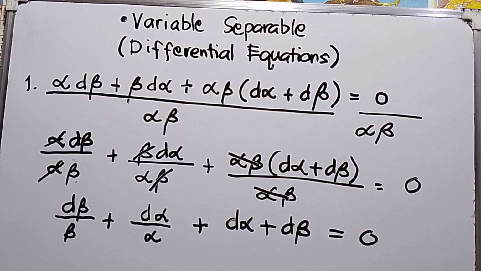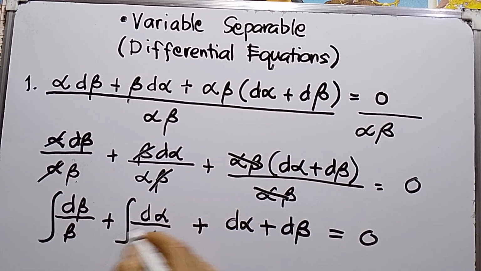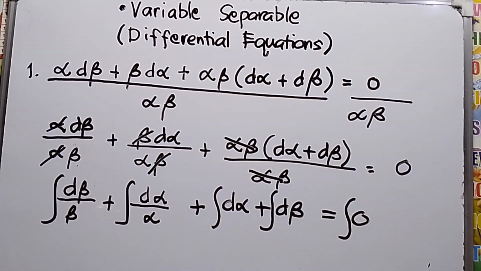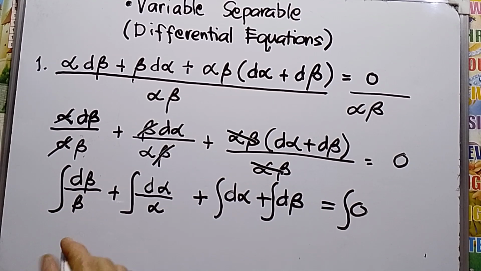So I need to integrate individually. So take note, integral of d beta over beta, that will be ln beta. This can be found in the integral formula.